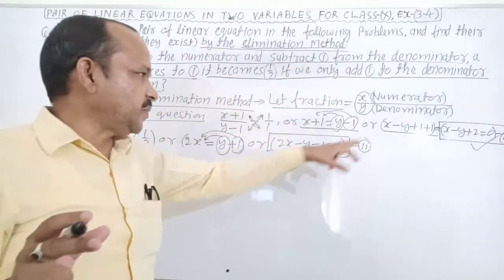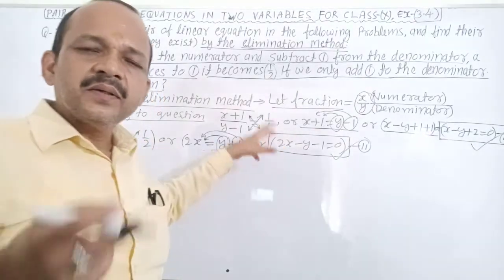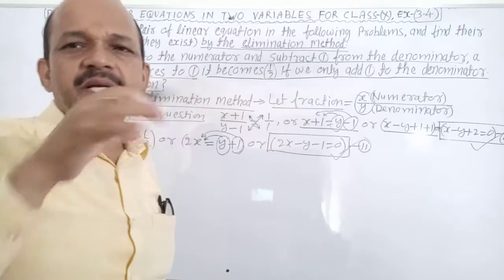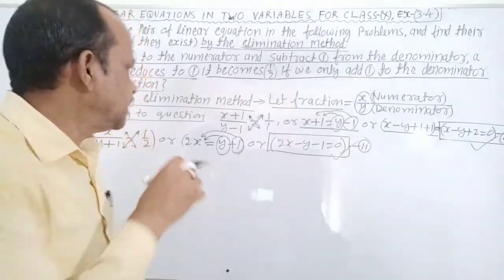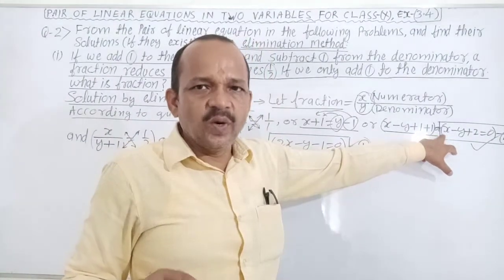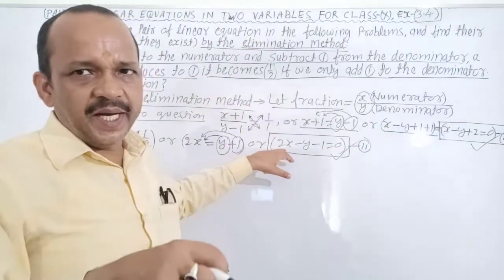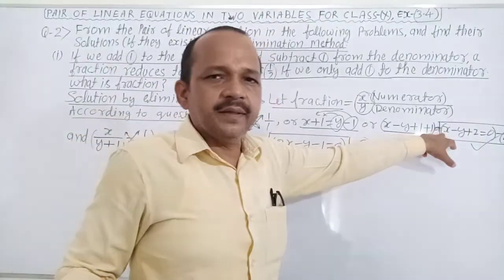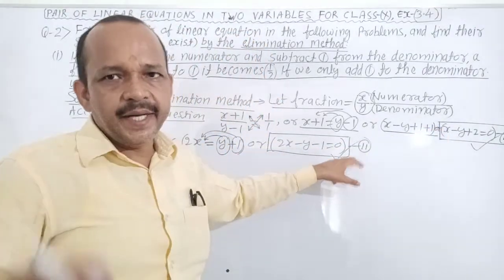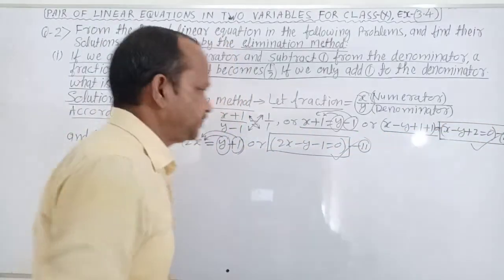You solve equation first and equation second by the help of the elimination method. Clear? Now here 1x, here 2x. So you multiply by 1 in equation second and multiply by 2 in equation first. Clear?